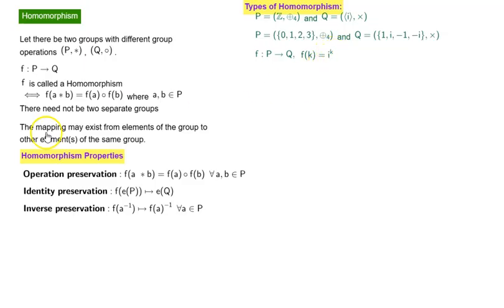So here, remember this condition? This condition has to be satisfied for us to call this F a homomorphism.